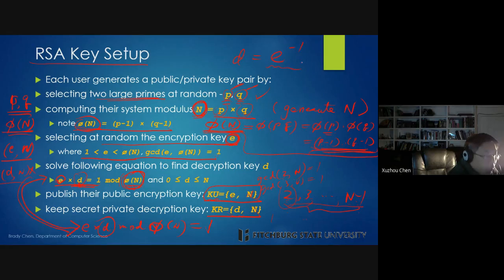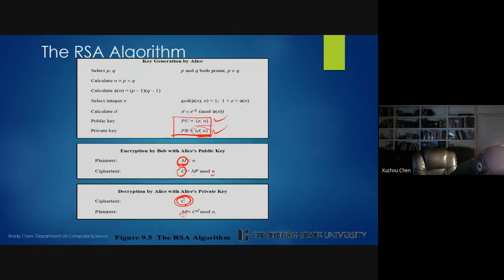That's the multiplicative inverse. When you say E times D equals 1 modulo phi of N, then D is the inverse of E. So it's the same as saying D times E modulo phi of n, now in lowercase n, equals 1.